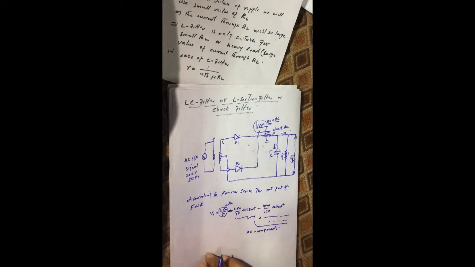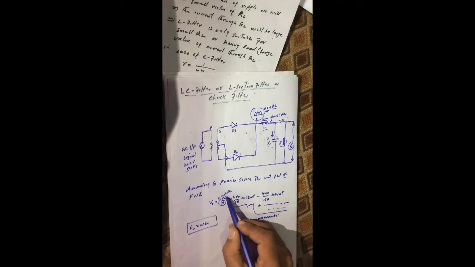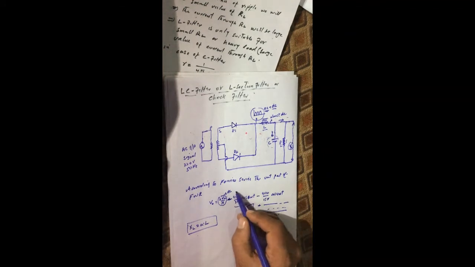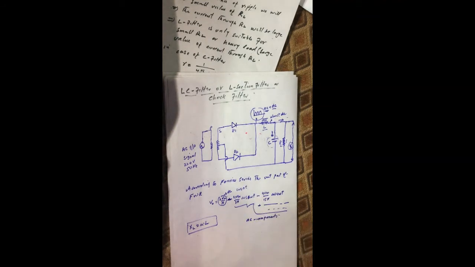Now the resistance offered by the inductor, which is called inductive reactance XL, is equal to omega times L. This is the resistance offered by the inductor to the AC current. Now here this is the first harmonic, because the cos of 0t is already 1, so we can't count it. So this is the first harmonic, this is the second harmonic, this is the third harmonic, and then we have the fourth and fifth harmonics.